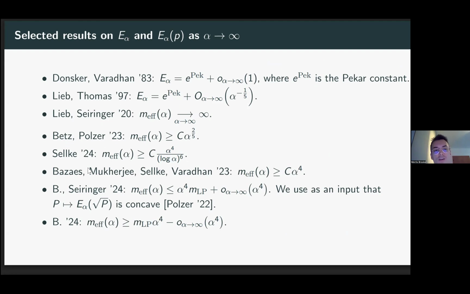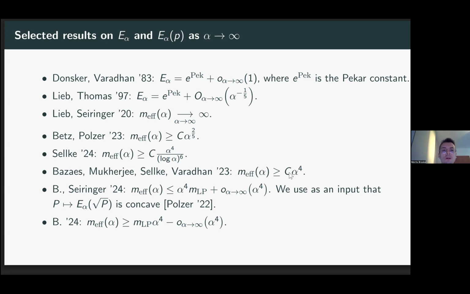And again, not much later, in a work by Brooks, Mukherjee, Selke, and Varadhan, they were actually able to show that the effective mass is bounded from below by something that scales with the 4th power in alpha and a constant c. So they were able to get as a lower bound the optimal divergence, namely the divergence in alpha to the power 4. The only thing that they could not prove is that you can choose this constant c as the constant predicted in the Landau-Pekar-Spohn conjecture.